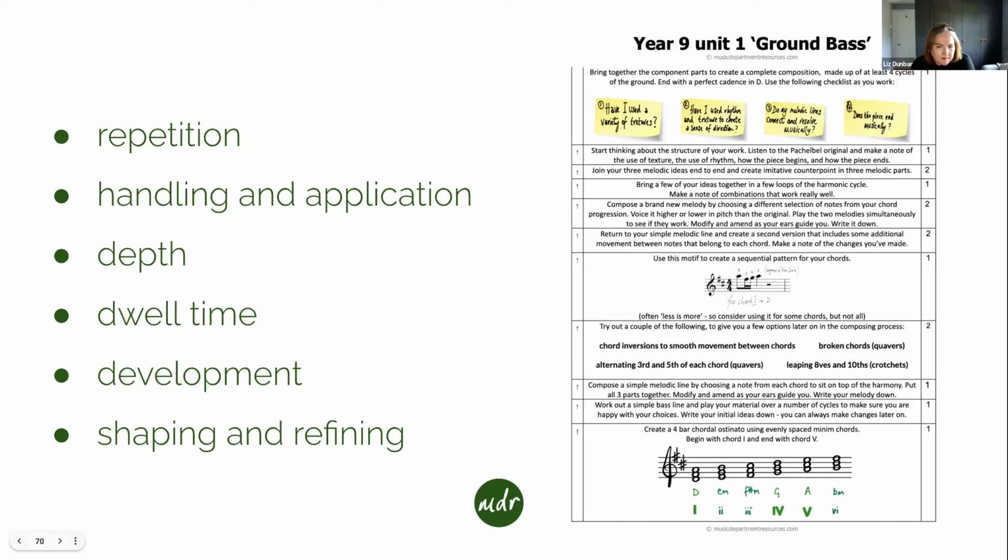Sure. What's great about this is a bit like the 4-chord trick with this ground bass unit. Yes, we do bump into Pachelbel and the 8 chords, but it comes at the end of, say, a series of 6-7 lessons, and we've been through Purcell, we've been through a load of songs that are connected with the 4-chord trick from the previous unit.